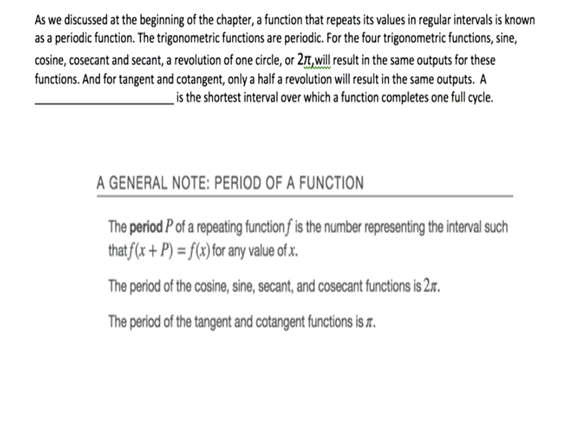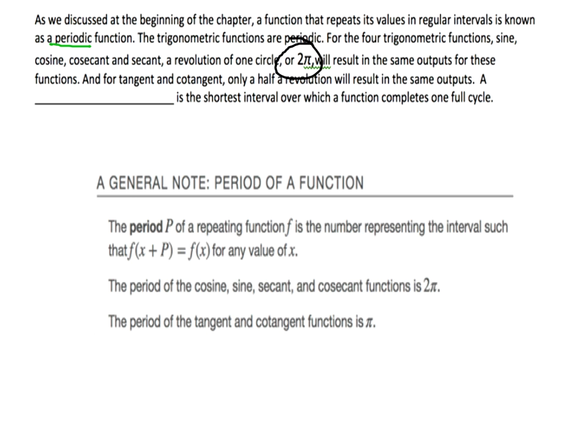Okay. All right, as we discussed at the beginning of the chapter, a function that repeats its values in regular intervals is known as a periodic function. The trigonometric functions are all periodic because you can move through that circle as many times as you want to. Every one time you move through, you're moving 2 pi radians through the circle.